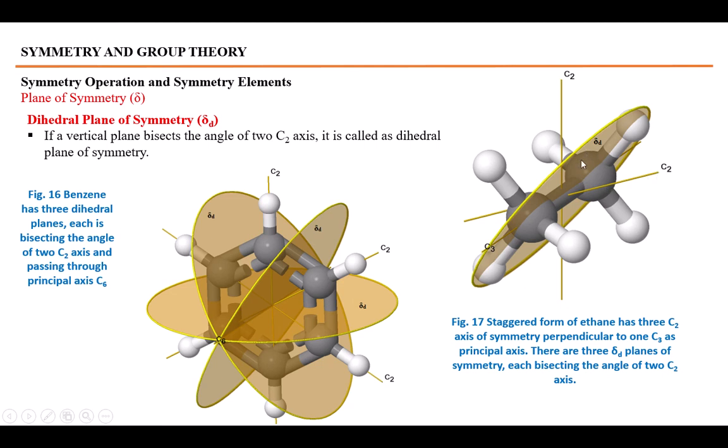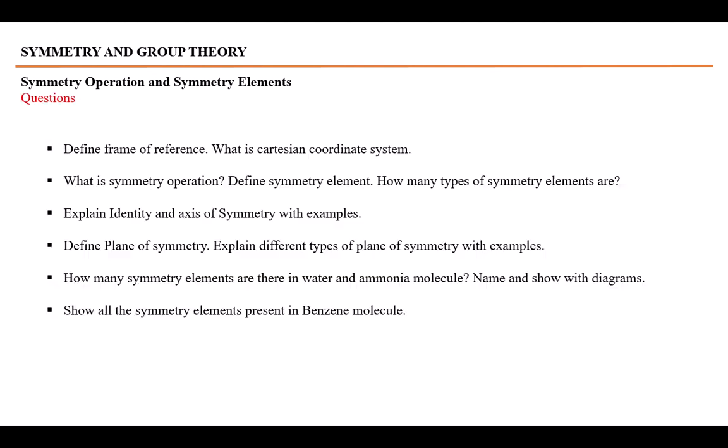Each plane is a vertical plane because it passes through the C3 axis, and each plane bisects the angle formed by two C2 axes, so each is called a dihedral plane. In the staggered form of ethane, there are three C2 axes and three dihedral planes of symmetry.